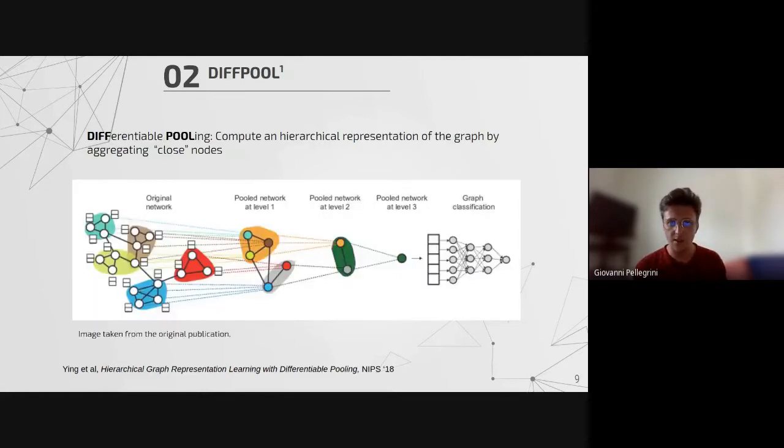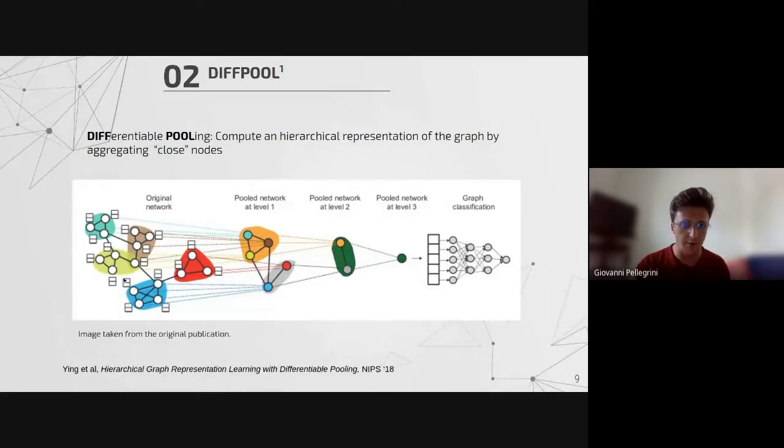This is the rough idea: we compute hierarchical representations of the graph by aggregating on some close nodes. We will see later what close means. But if you look at the picture, it's pretty straightforward what we are going to do here.